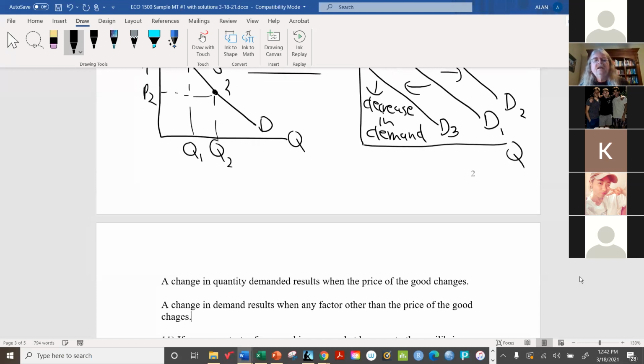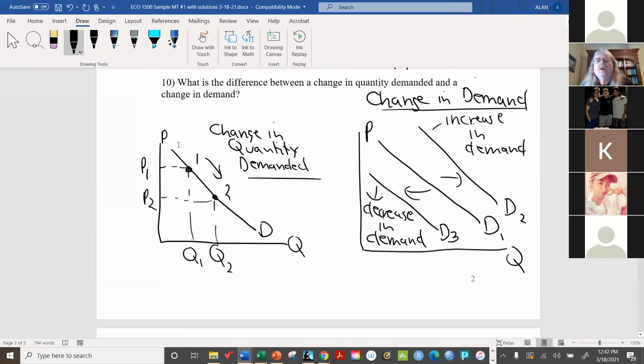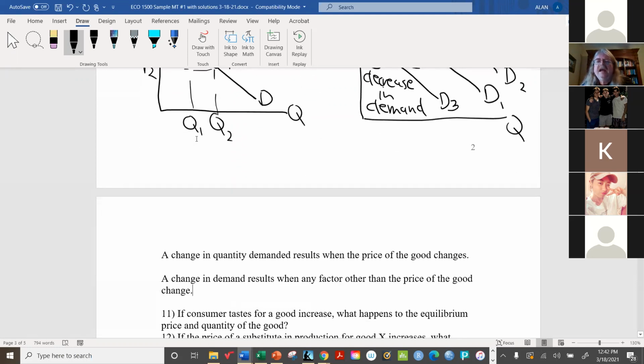So that's really what you're trying to keep in mind. When the price changes, we have a change in quantity demanded because we're only moving up and down the same demand curve. When something else changes, and that could mean literally anything else, there's a change in demand. And that, of course, can happen in two different ways. We can shift to the right or to the left. Beautiful.